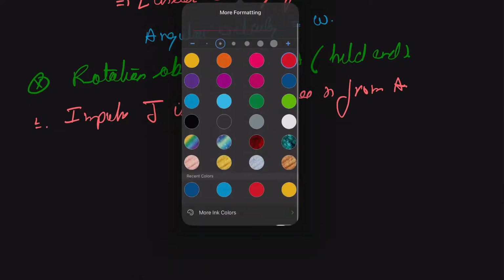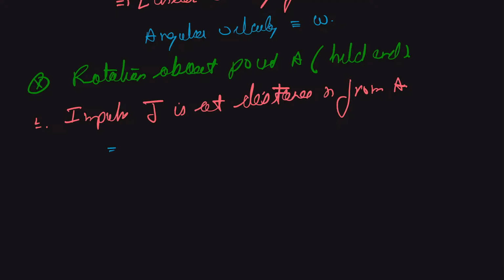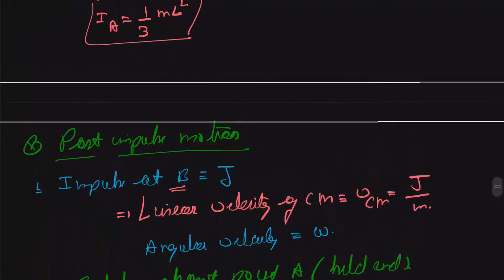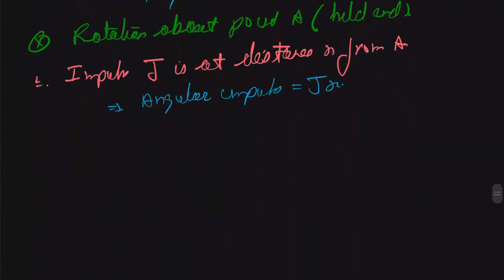Therefore, we can write that the angular impulse will be equal to J times x. And the initial angular momentum about point A is 0 because it is stationary. Okay, the entire system is stationary, you can say pre impulse.